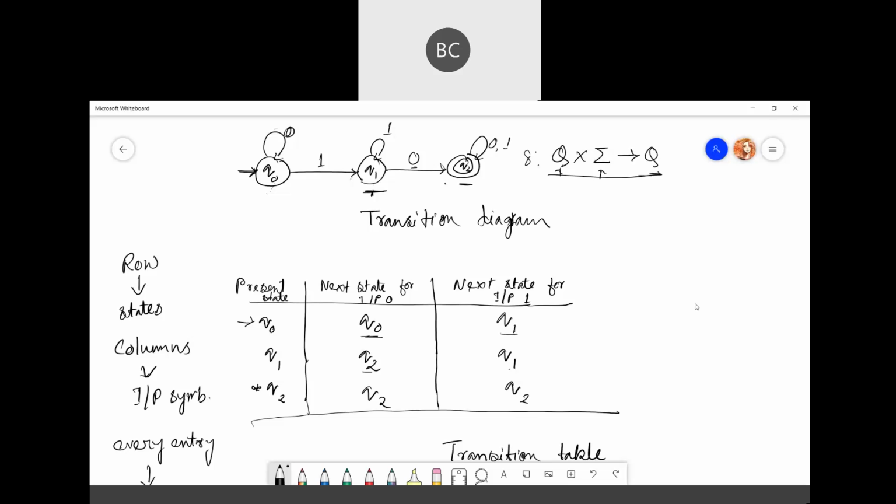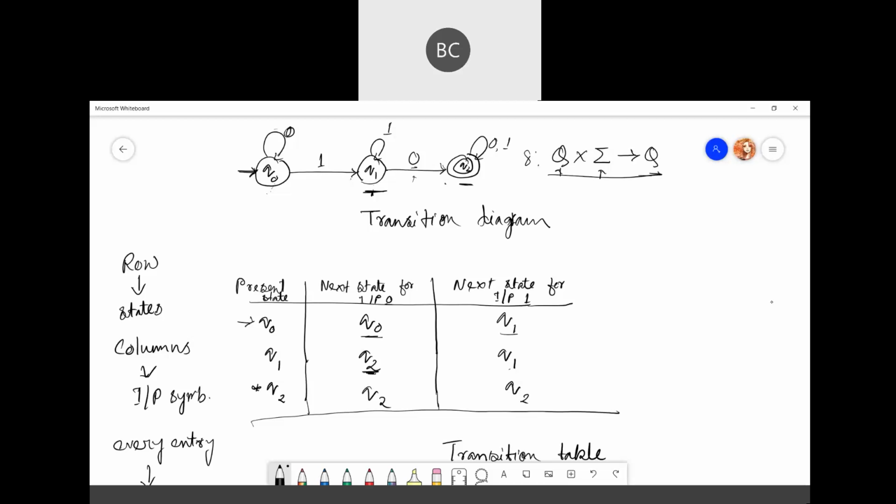Present state is Q1. For Q1, again same two symbols, 0 and 1. For DFA, you have to make sure all symbols are utilized. So for Q1, when it reads the input symbol 0, the next state is Q2.